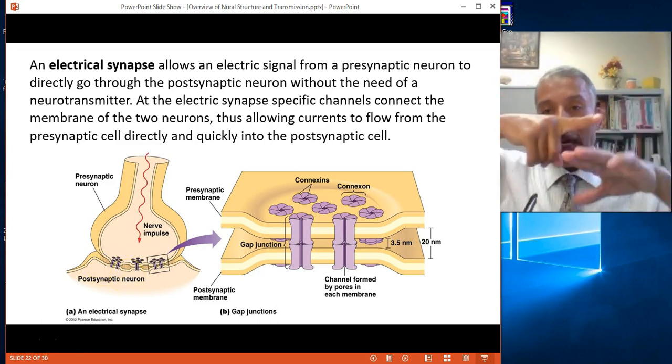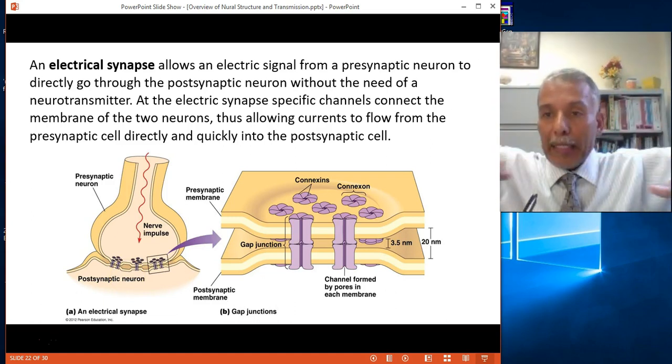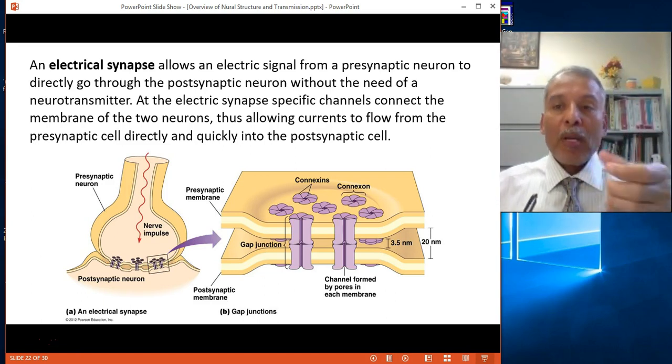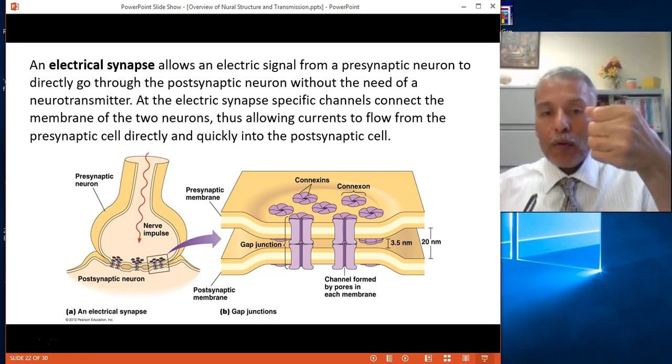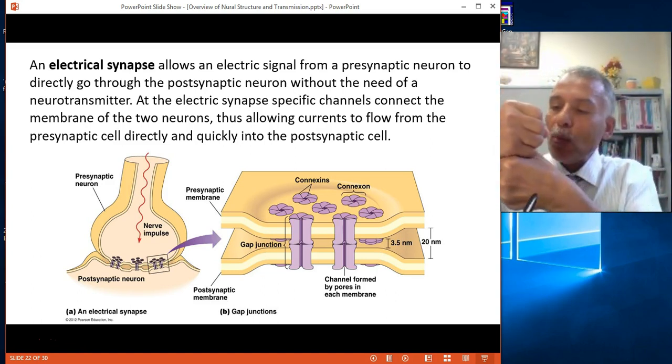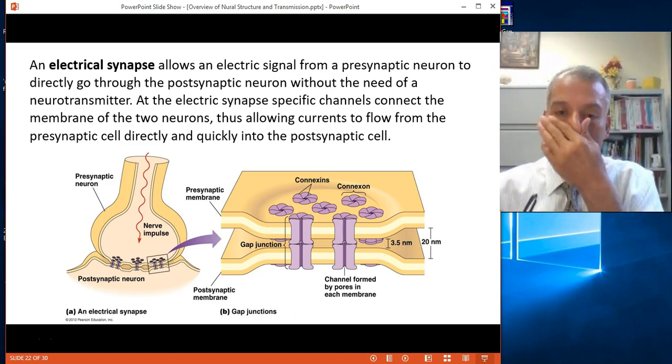You notice that the space of the synaptic cleft is not completely wide open. In here, protein channels from one cell connect with the protein channels of the other cell, and they make a pipe together. They are coupled as a pipe.